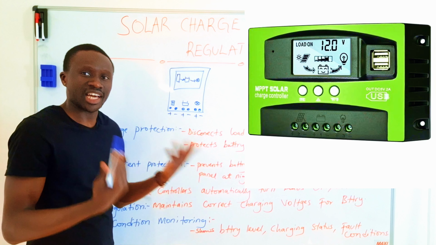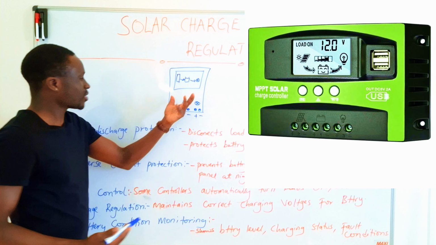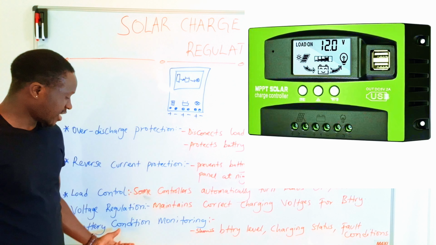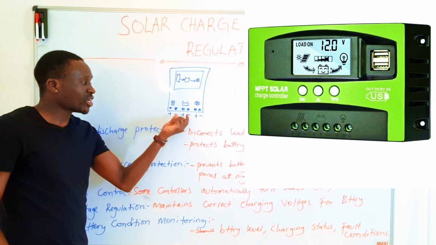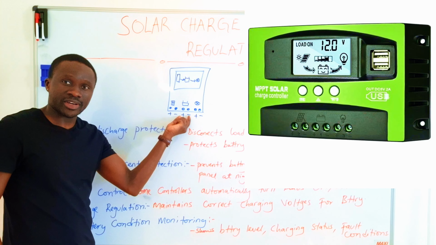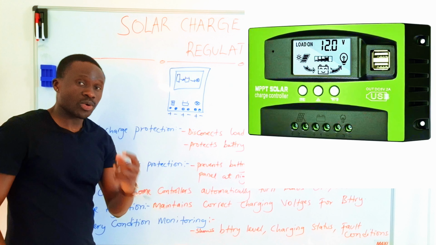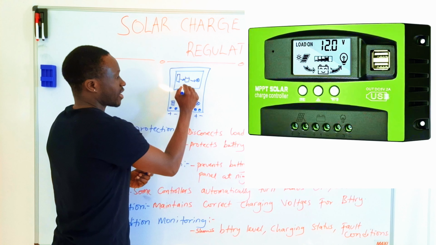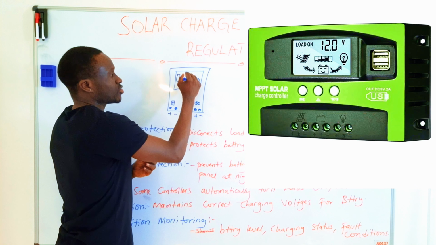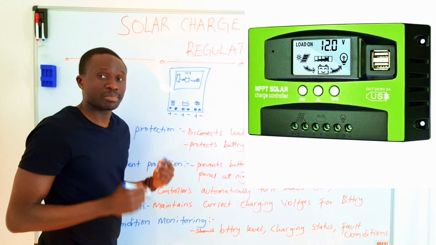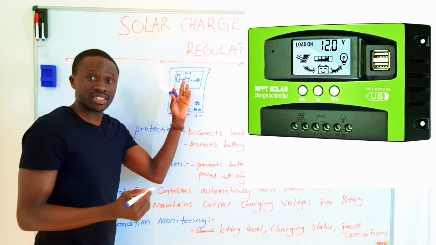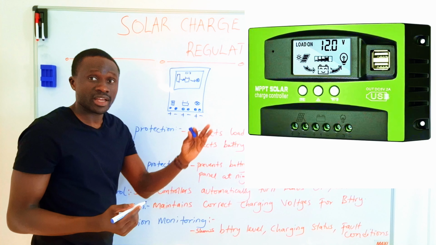It simplifies life. Now to monitor the battery condition, if you connect your battery here, okay, if the battery is low, it will indicate here. Let's say when the battery is full, it will show you 13.7 volts, or 14.3.